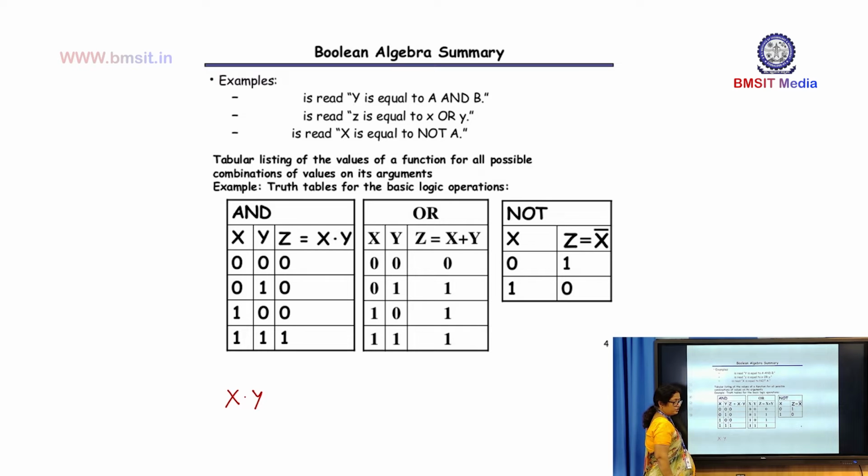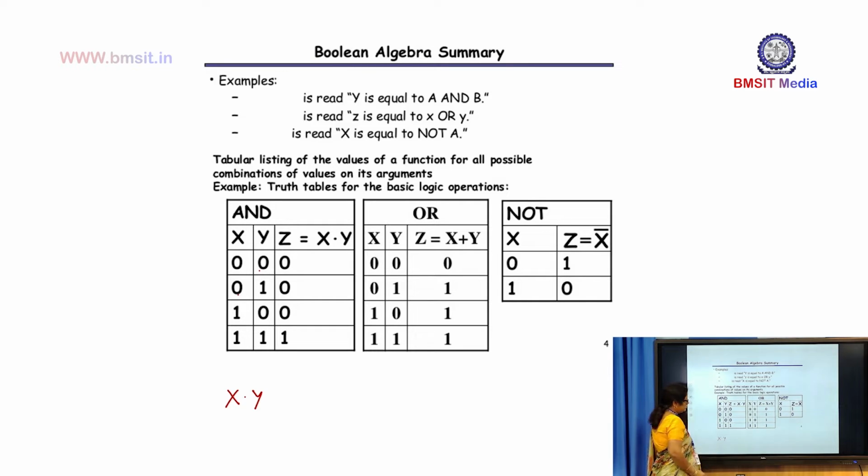So when both variables are 0, when x is 0 and y is 1, when x is 1 and y is 0, and when both are 1: 0 into 0 is 0, 0 into 1 is 0, 1 into 0 is 0, 1 into 1 is 1. These are the rules of Boolean multiplication.